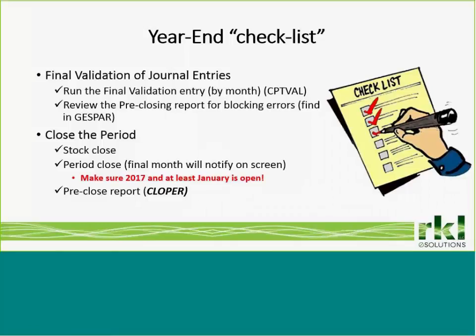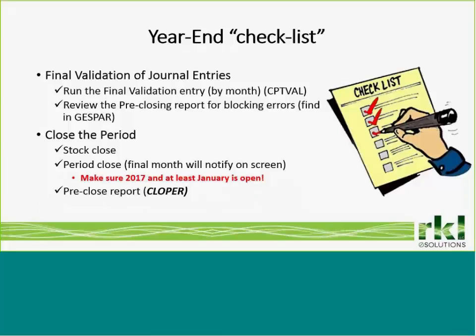Part of year-end, in a very simplistic way, is that you need to close the stock period as well as the normal period close. When you run the final period close, X3 will notify you that you're at the end of the month, at the end of the year, and ask if you wish to continue.